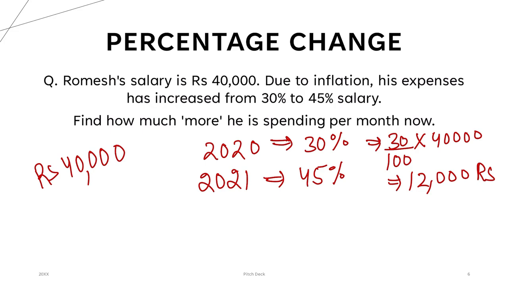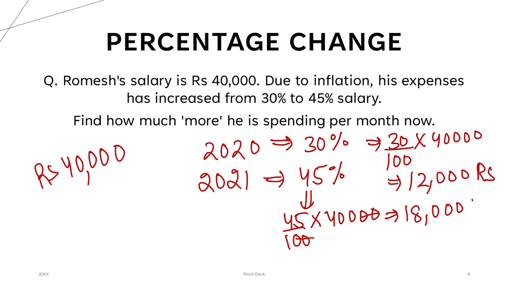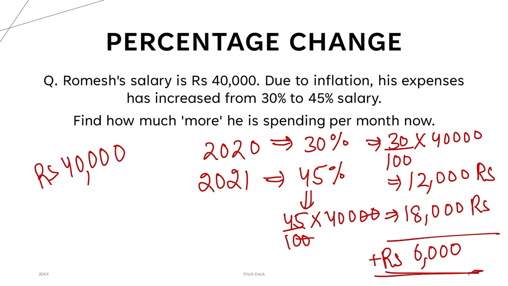Now it has increased to 45%. 45% of 40,000 comes out to be 18,000 rupees. So in only 1 year, he is spending 18,000 minus 12,000, 6,000 rupees more each month just to buy the basic groceries and the fuel.